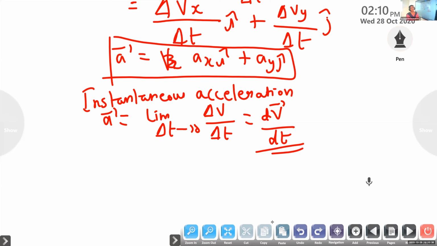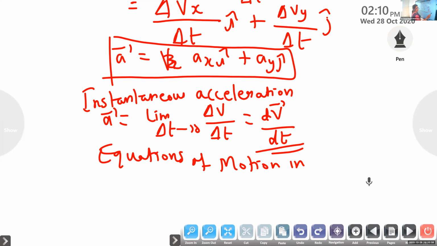In straight line motion we took the three equations for uniform motion; here we take the case of uniform acceleration. That is the only difference. So write down equations of motion in a plane, or in two dimensions. Both are the same.